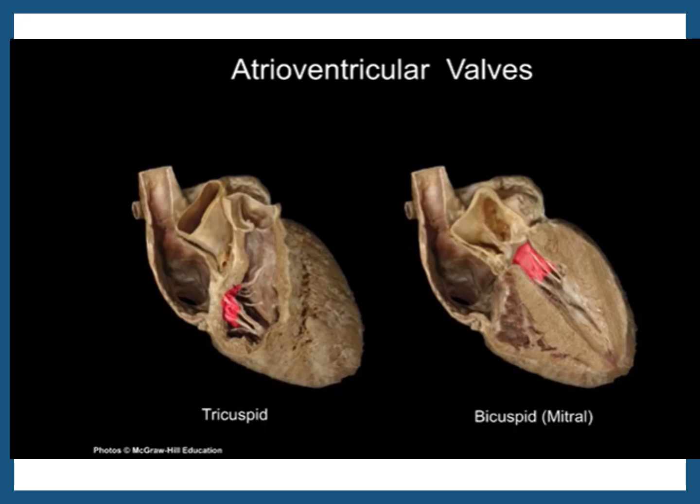And this is a picture of those atrioventricular valves. We have the tricuspid valve that is on the right side of the heart, and then the bicuspid or mitral valve on the left side. And you can know it's the left side because there's that thick myocardium showing you that it's the left ventricle.